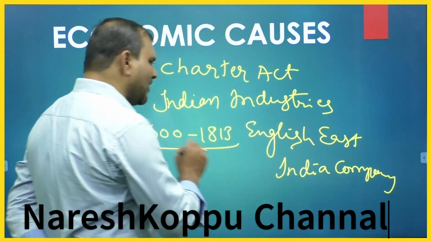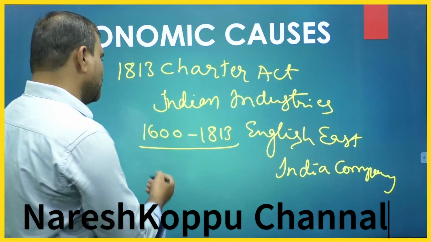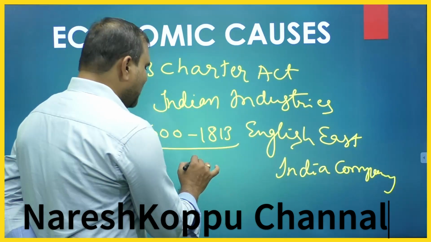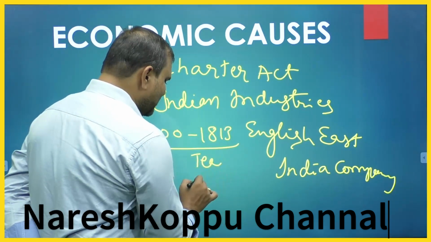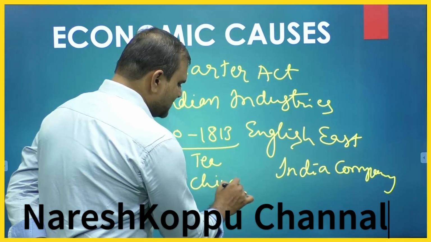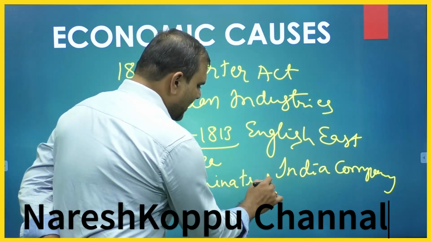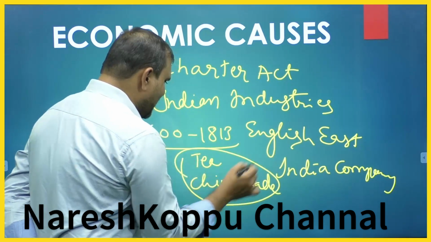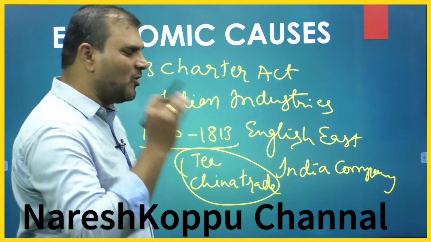In the 1813 Charter Act, they opened the gates to every company except tea and China trade. Except for these two trades, the East India Company had a monopoly.